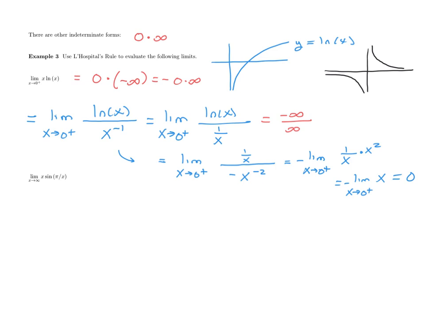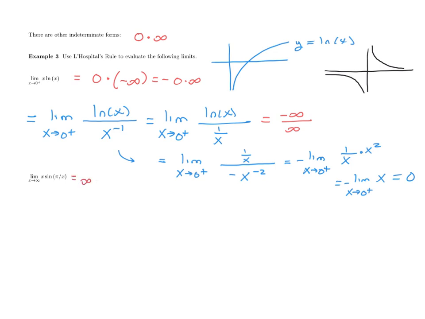Let's try this process again in a similar example, but this one is a limit at infinity. What is the limit as x approaches infinity of x times sine of pi over x? Again, is this something of the form 0 times infinity? Let's see. As x goes to infinity, the first part here becomes infinite, so that's a good start.